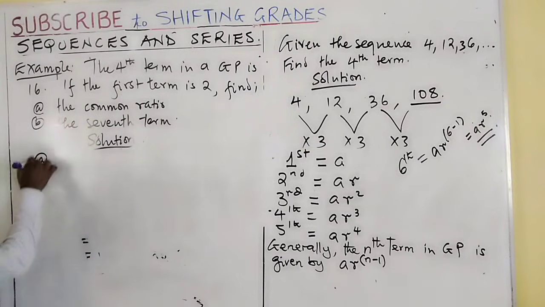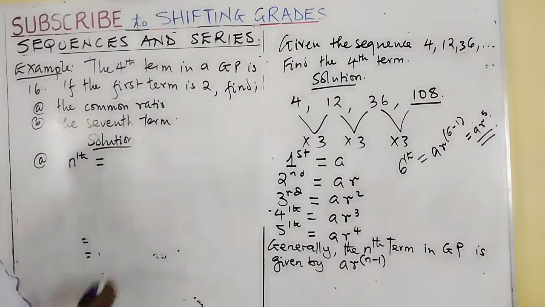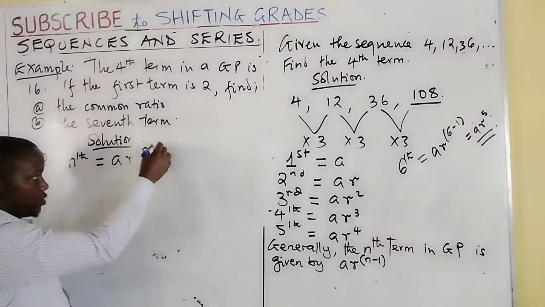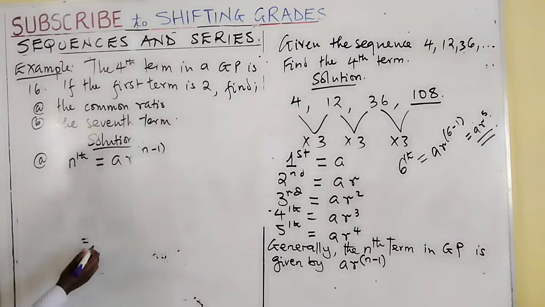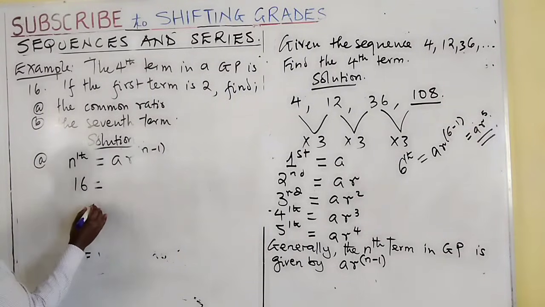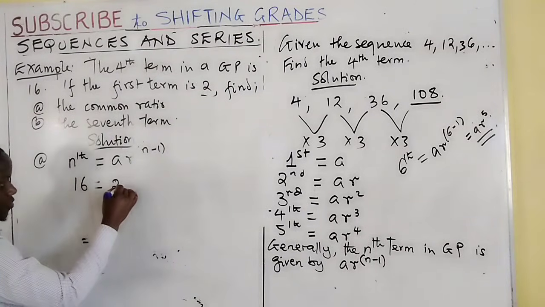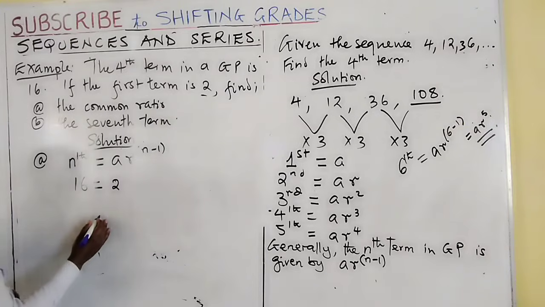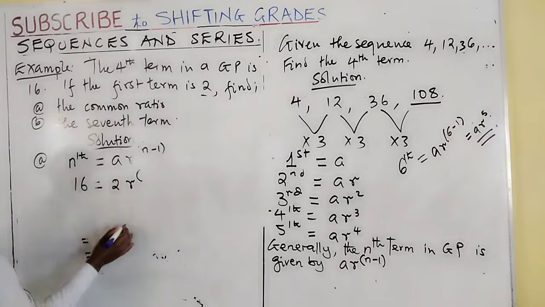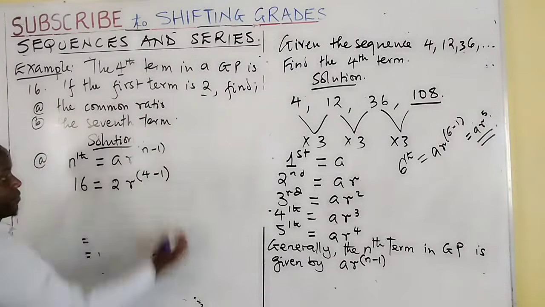Therefore, we know that the nth term is given by A times R raised to n minus 1. So in this case, we have the fourth term, which is given as 16, should be given by the first term, which is already given as 2, multiplied by r. And we don't know the r, but we know it will be raised to, because n is 4, the fourth term, 4 minus 1.